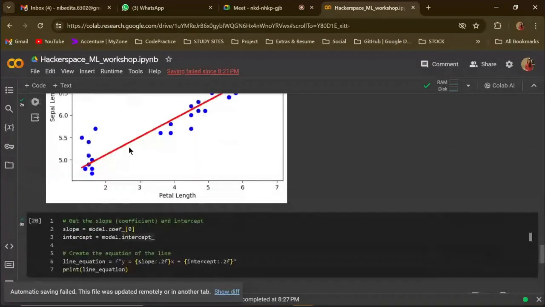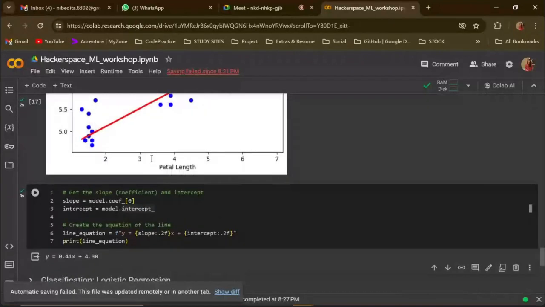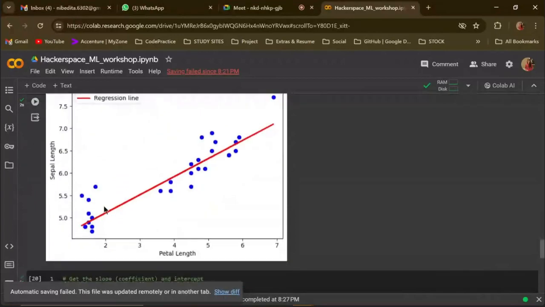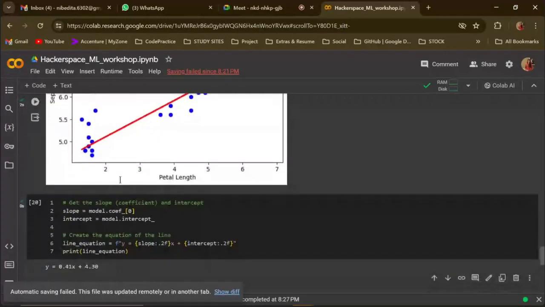So the slope of this line is 0.41, and if we project this line to the left like this, it will cross the y axis at the intercept, 4.3. Is it clear?